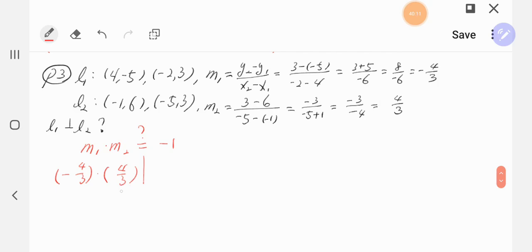And this is equal to, oh wait a minute, 3/4. So this is equal to negative 1, right? Negative 1 is equal to negative 1. So therefore, the two lines are perpendicular.